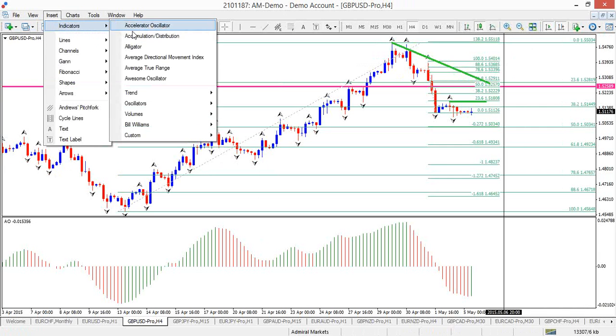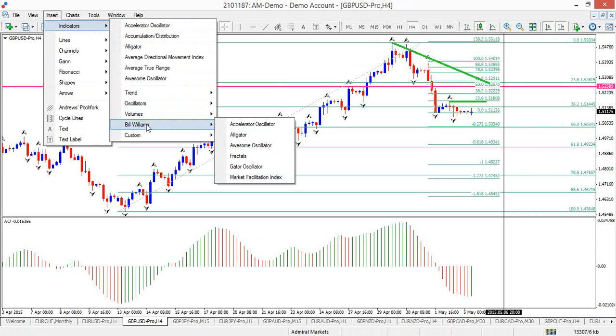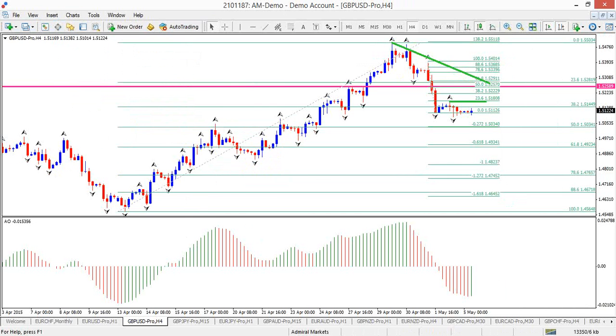Go to Insert, Indicators, Bill Williams, and it should be there. All right, so let me know if you can find them. I'll explain a bit about the fractals when we look at the Aussie. Björn is talking about the Aussie, so we can right away combine that.